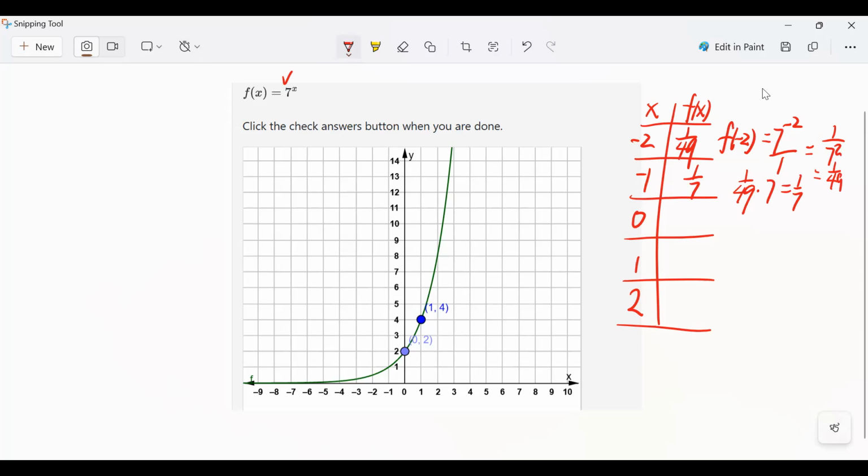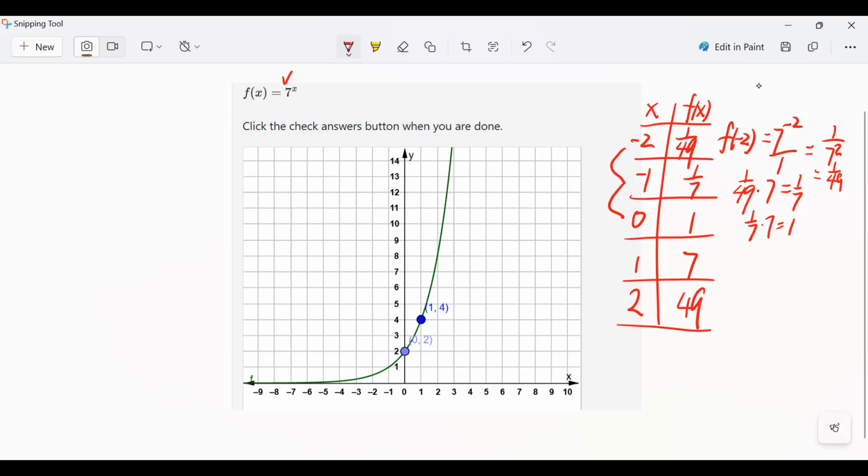You pick numbers in such a pattern that when x goes up by 1 unit, y goes up by 7 times as much. So the next number is 1 over 7 times 7, which is 1. The next number will be 7, 1 times 7 is 7. 7 times 7, 49.